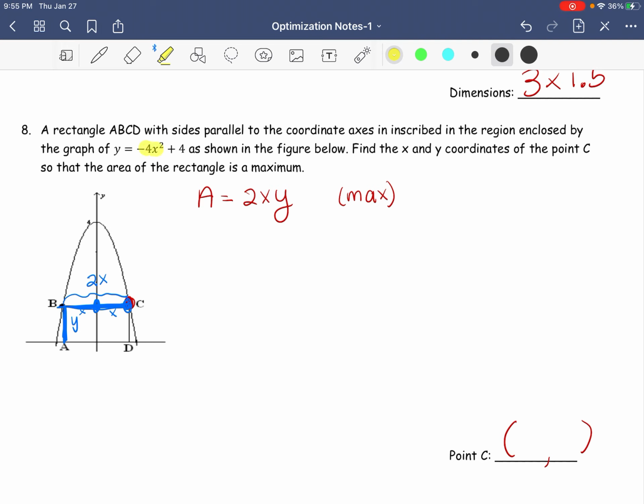I don't like that there's two variables, but just like before, we're going to take y and put it in. 2x, and for y, we're going to put in -4x squared plus 4. That's what I'm trying to maximize. I'm going to distribute my 2x first.